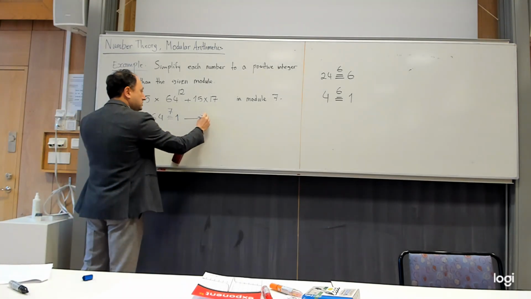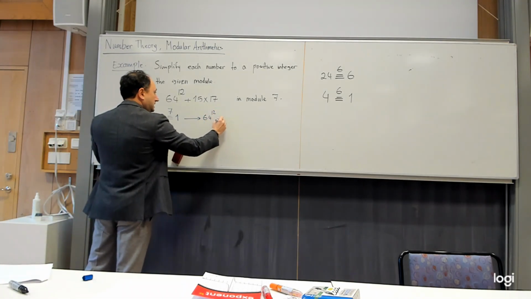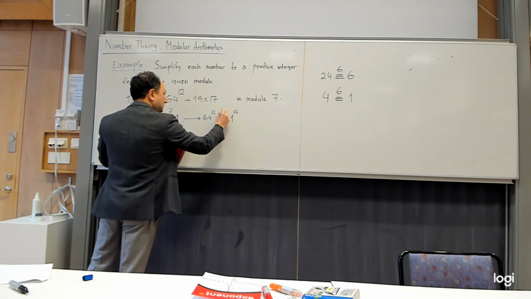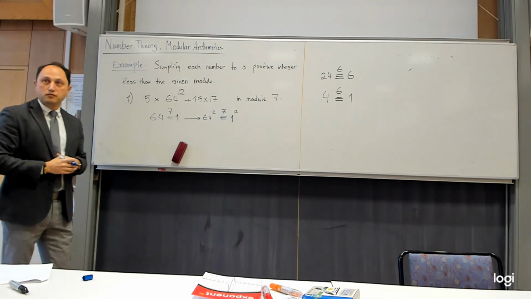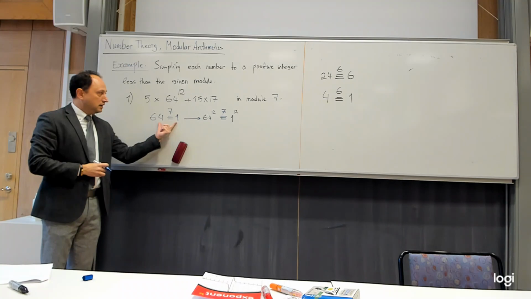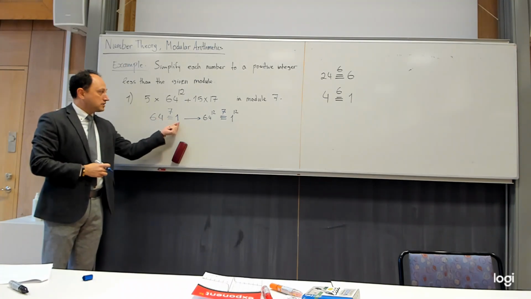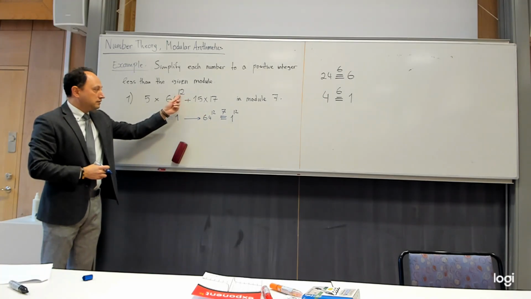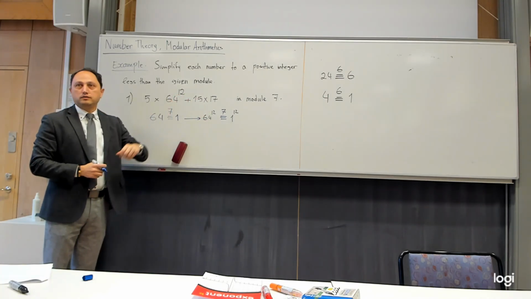It becomes 64 to power 12 is congruent to 1 to power 12. Yes? We just showed that if I have a true congruency, I can raise both sides to any natural power. And because the power here was 12, I decided to raise it to power 12.